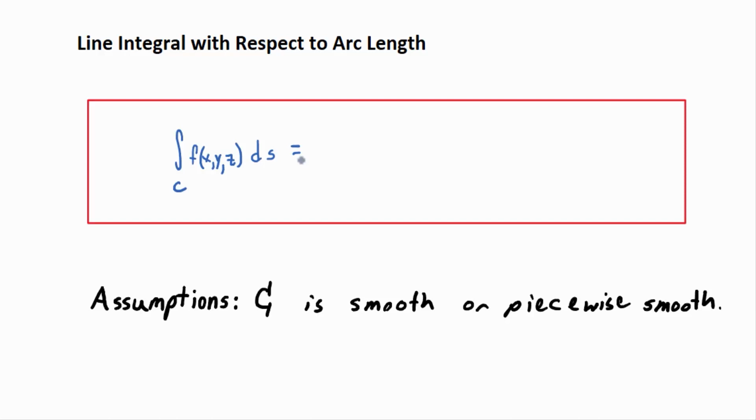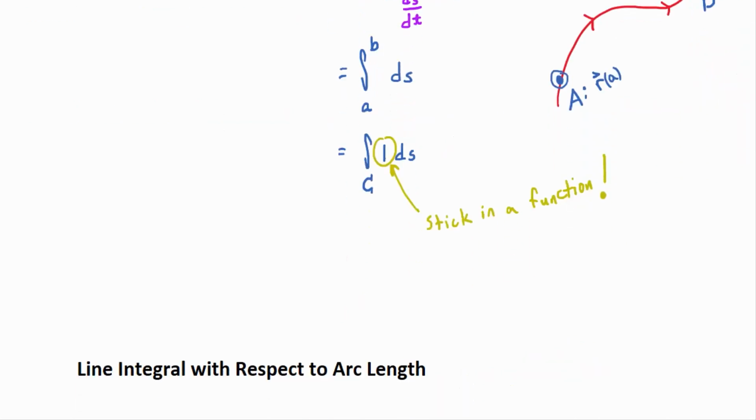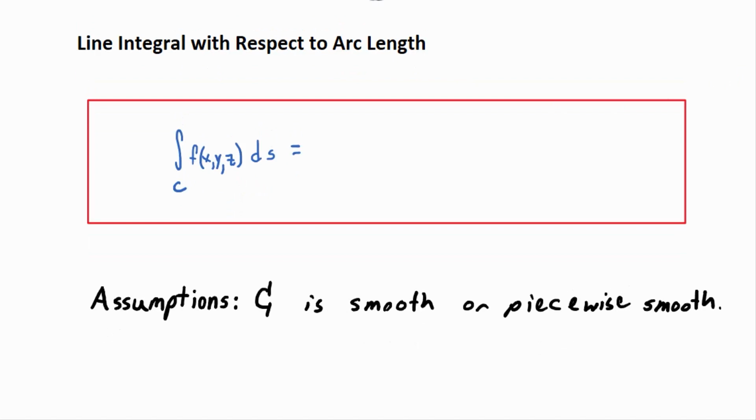What's the actual working formula here? Well, what does ds equal? It's important to remember what these differentials stand for. ds is the magnitude of r prime of t dt. So if you actually parameterize it, you can put in your limits of integration. t goes from a to b.